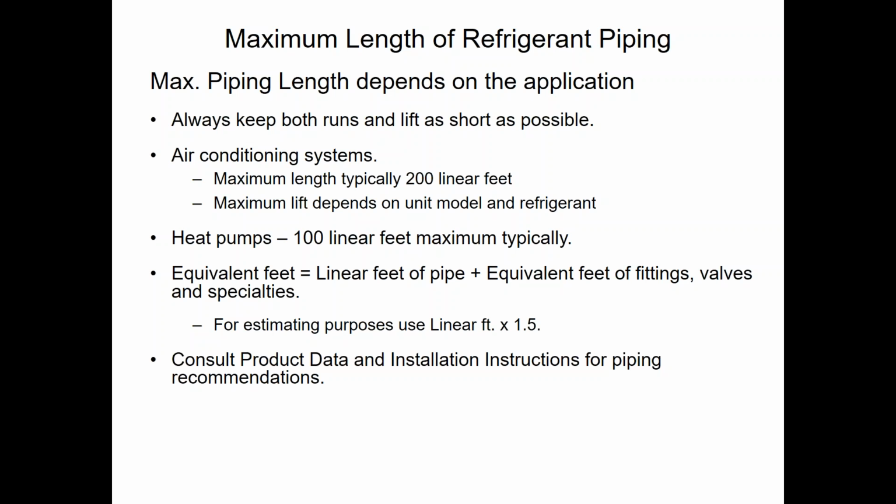So your equivalent length in feet have all the fittings calculated in. All the Carrier charts and the Bryant charts, we use basically a 1.5 multiplier for our linear length. Okay, so we figure 50% for fittings. So that's already calculated in our charts.